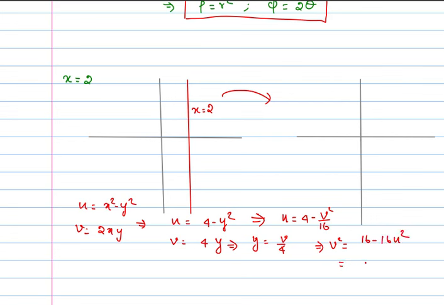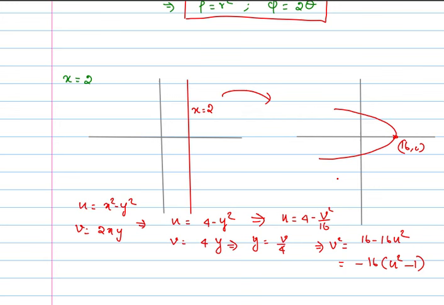Taking the minus outside, it is minus 16 times u minus 4. So this is a parabola, we will get it like that. This is the parabola we get.